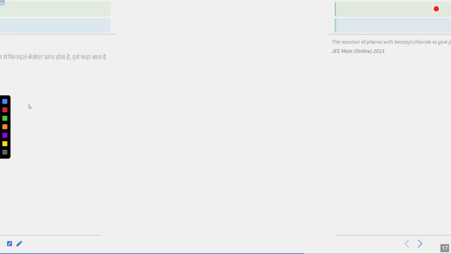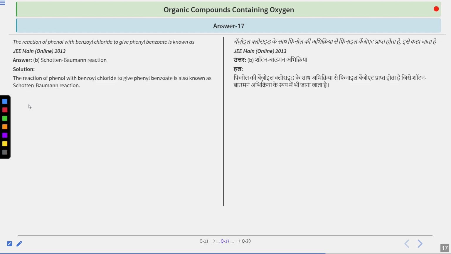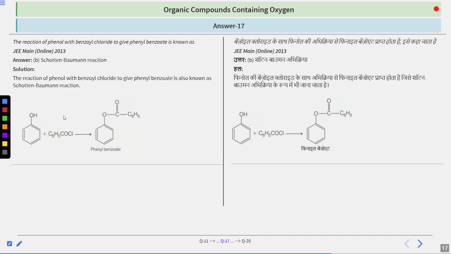Let's see. The correct answer for the given question is option B, that is Schotten-Baumann reaction. The reaction of phenol with benzoyl chloride to give phenyl benzoate as a product is known as the Schotten-Baumann reaction. Phenol reacts with benzoyl chloride, C6H5COCl, and gives us phenyl benzoate.